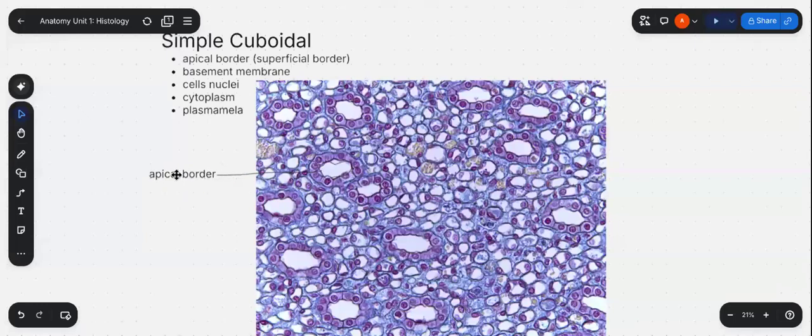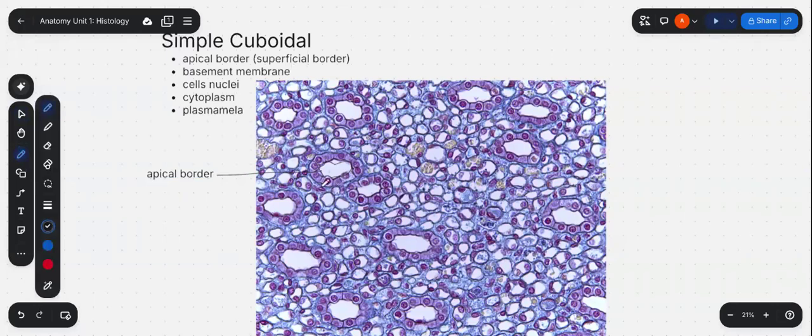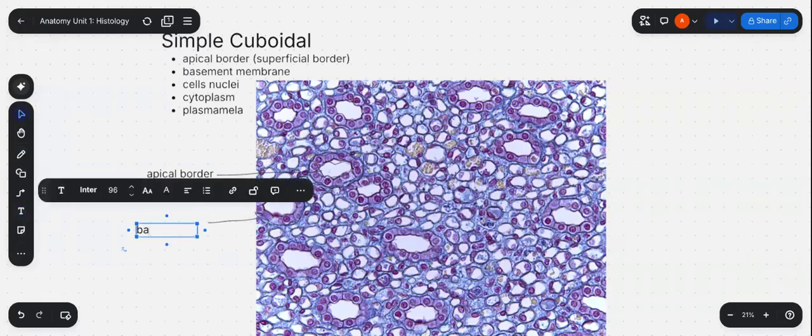Next, you have your basement membrane, similarly to the other tissue that we looked at. Basement membrane is going to be on the outside, and it's over here, kind of just like this glue that is anchoring down the rings of tissue. So over here as well, that is your basement membrane.